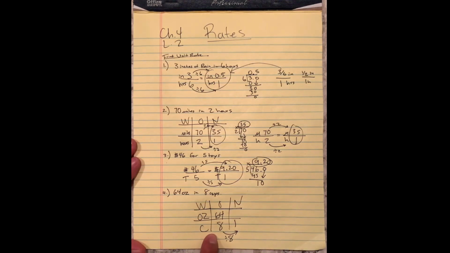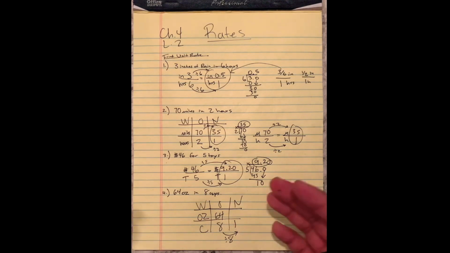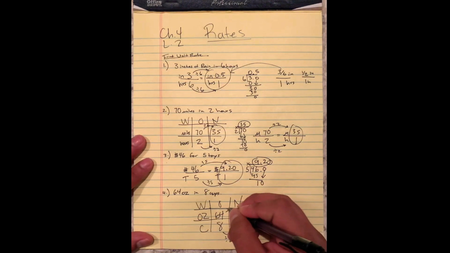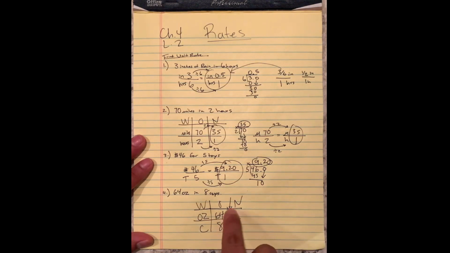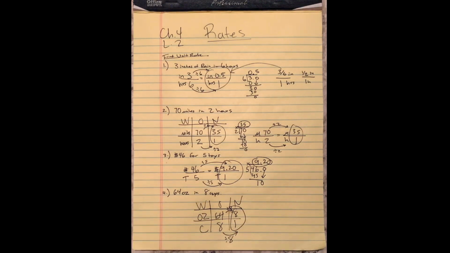Remember, the only way you can make a number become a 1 is dividing it by itself. So 8 divided by 8 gives you 1. Whatever you do to the denominator, do to the numerator. 64 divided by 8. Hopefully you know factors for 64. How do you get 64? 8 times 8, right? So this is 8. 8 ounces in 1 cup, or 1 cup equals 8 ounces.